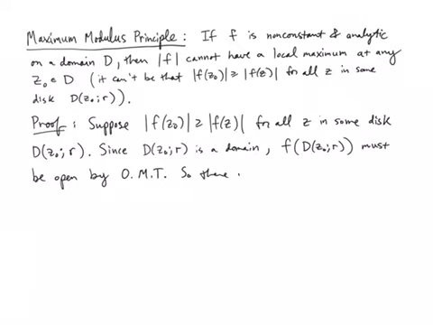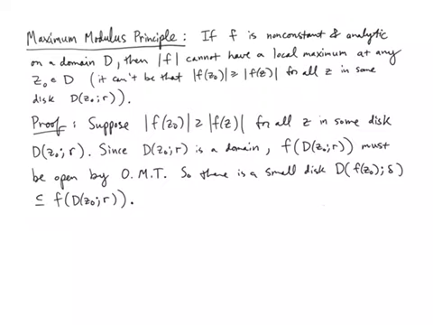So there is a small disk around f of z0, say of radius delta, which is contained in the image, f of D(z0, r).